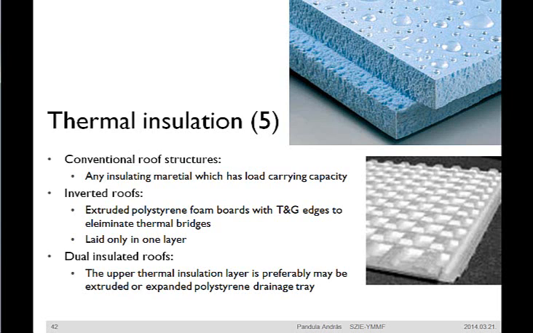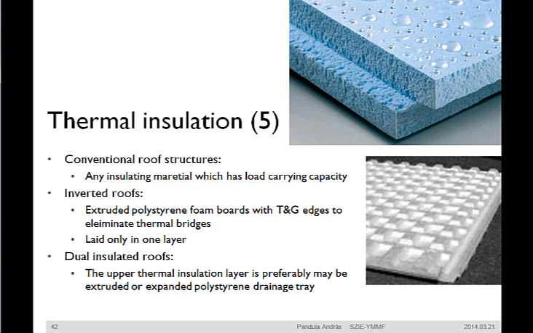Most used material is extruded polystyrene foam board in case of inverted roofs, which have T and G edges to eliminate thermal bridges. The material characteristics are low water absorption, freeze resistance, chemical resistance, compressive strength, and very good thermal insulation.